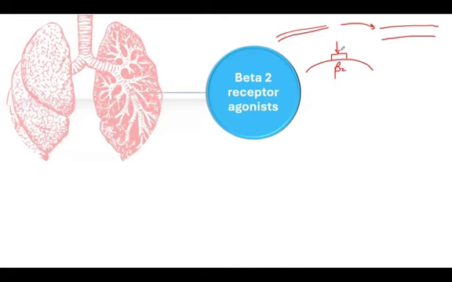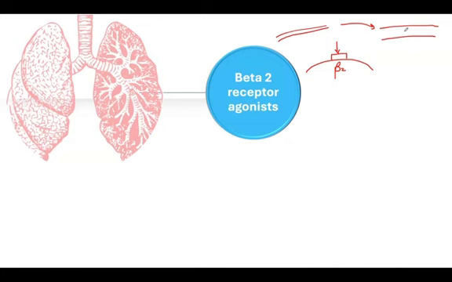When adrenaline binds to that receptor, it activates the receptor and then causes the smooth muscles to relax. So we have bronchodilation. And so if I give you drugs that work like adrenaline, mimicking the action of adrenaline on the beta-2 receptors, these drugs can move us from this constricted situation to the dilated situation. This is the basis of giving the beta-2 receptor agonists.